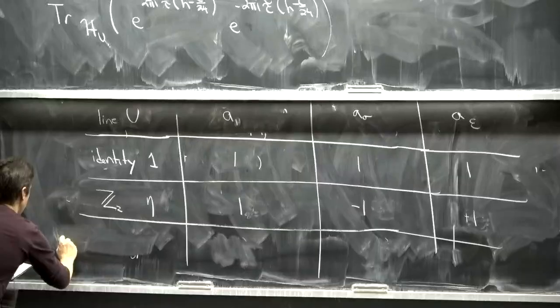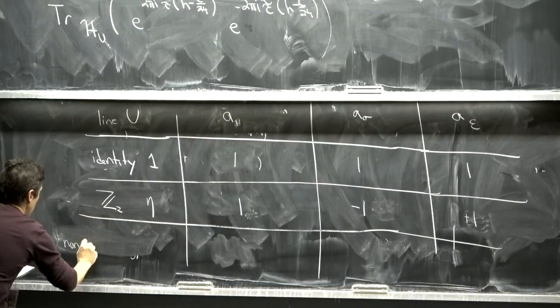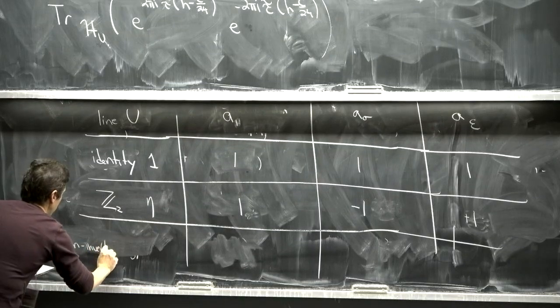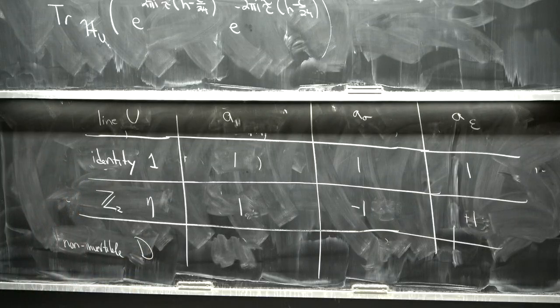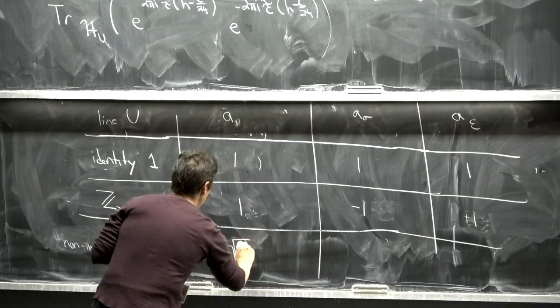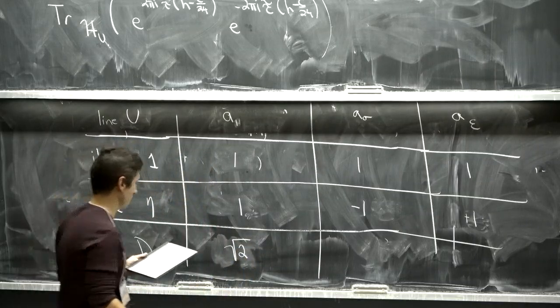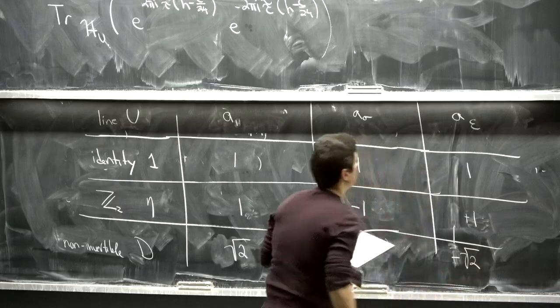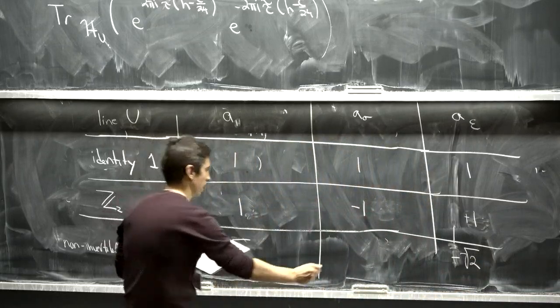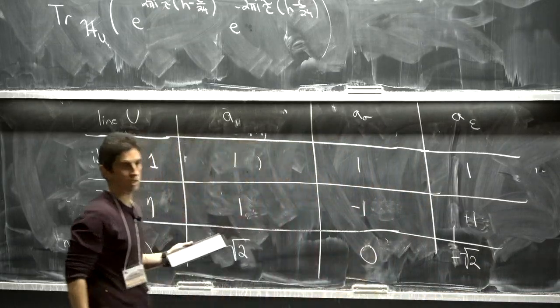Finally, something non-invertible, often called D. What are its eigenvalues? Square root of 2 on the identity, minus square root of 2 on epsilon, and here's the non-invertibility, 0 on sigma.